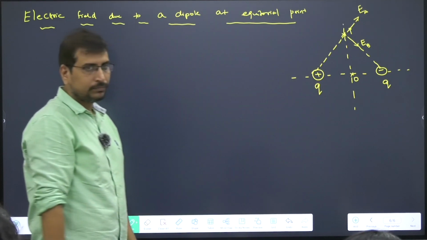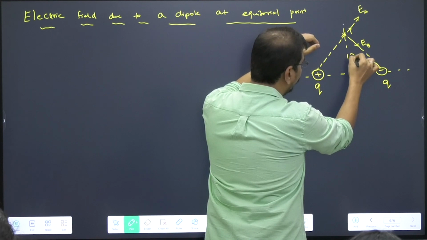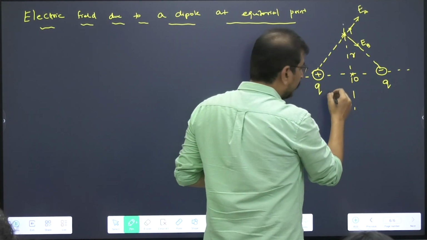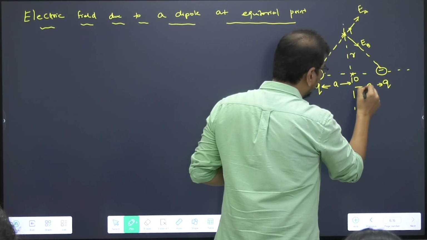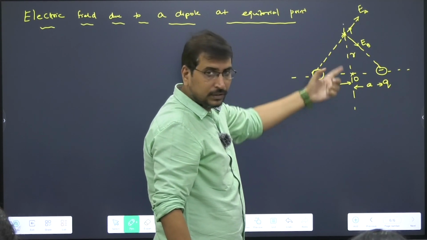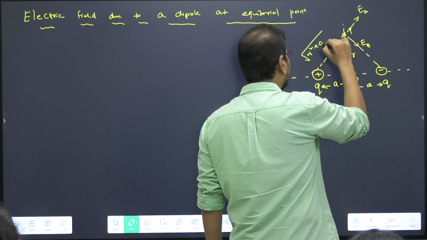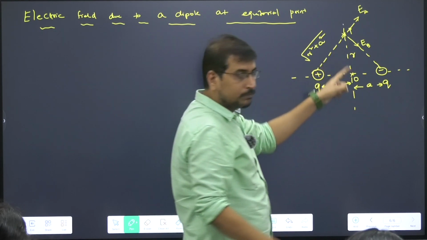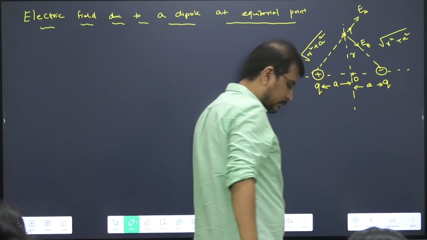Make sense? Right. Now, if I take the distance from the center to this point as R, this is broken into two equal parts where this part is going to be A and this part is also going to be A. This is R, this is A. So from the right angle triangle, this is going to be root of R square plus A square. In a similar way, this is also going to be root of R square plus A square.